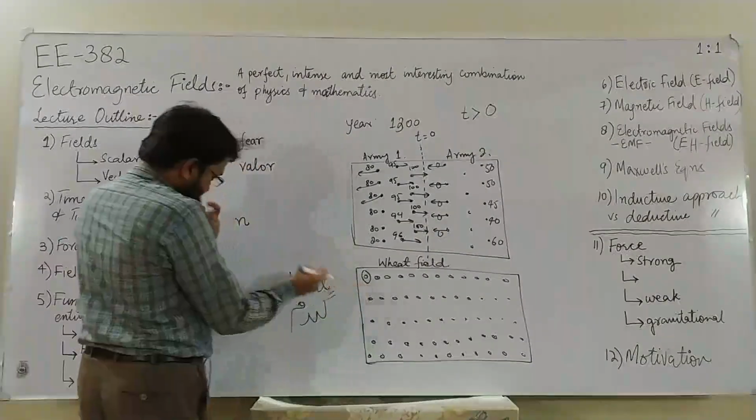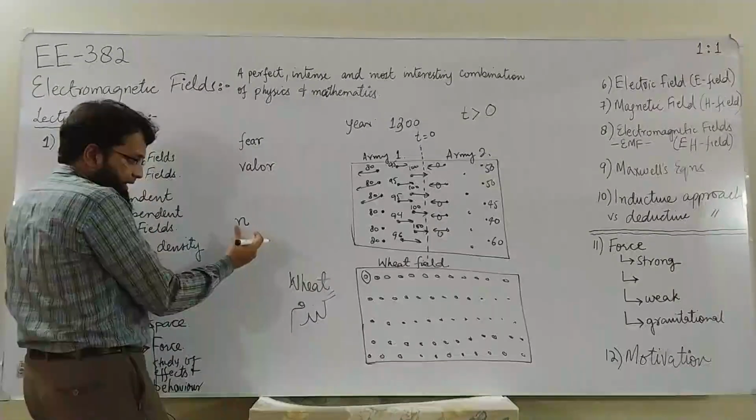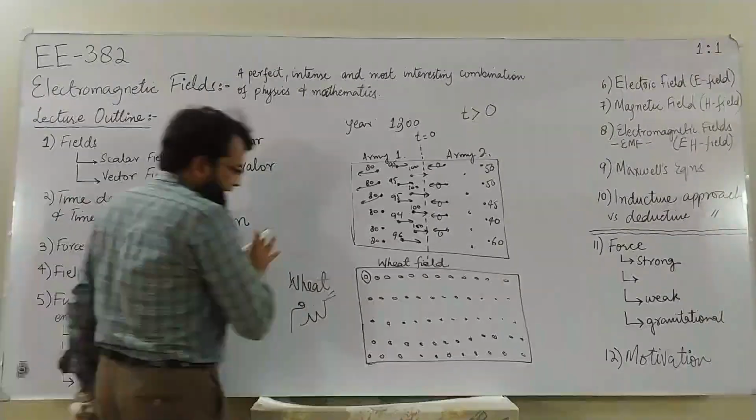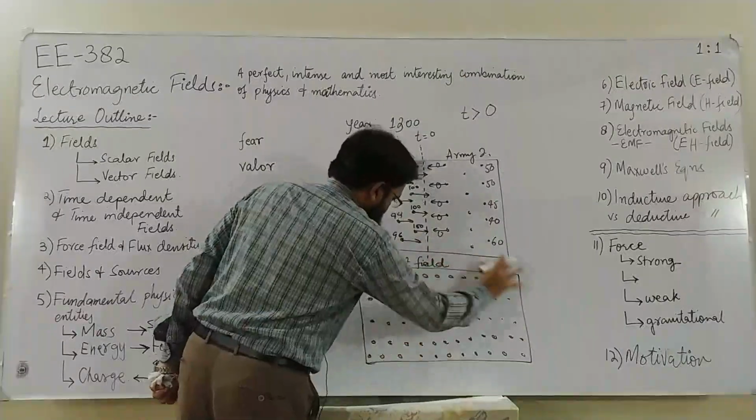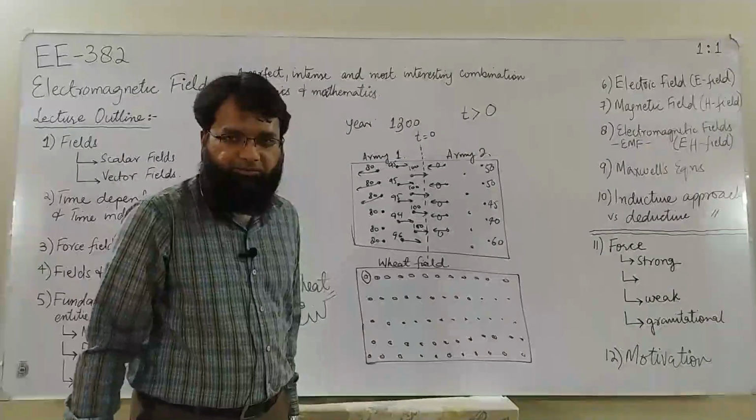Since we are interested in the number of grains, which is a scalar quantity, then it means that this whole wheat field is now a scalar field.